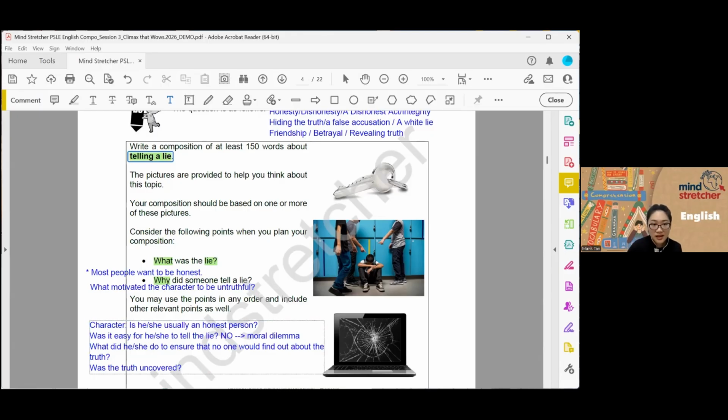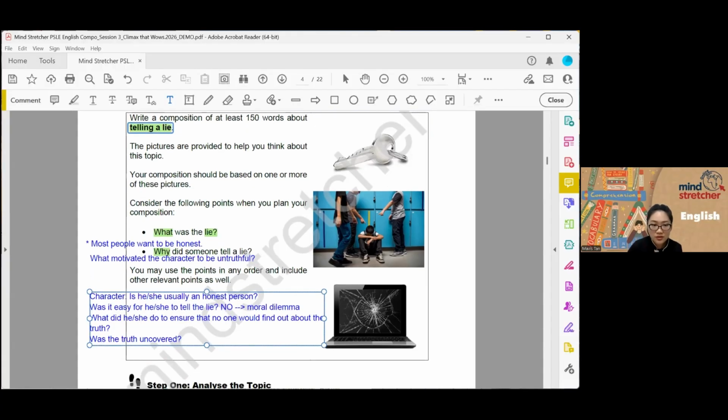And whether the truth is uncovered or not, someone will have to deal with some sort of consequence. Don't you agree? If you told a lie and no one uncovered the truth, there's a consequence. The consequences of telling the lie.